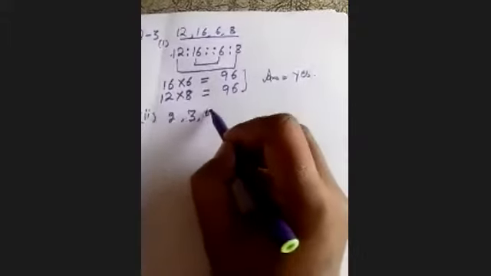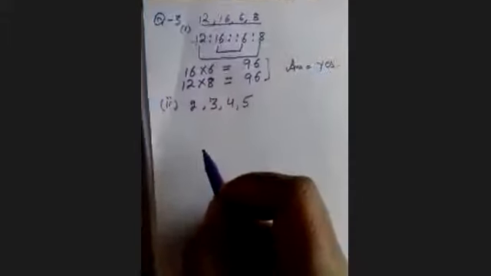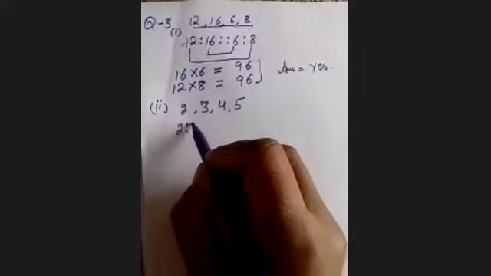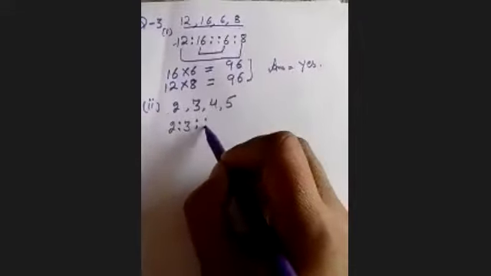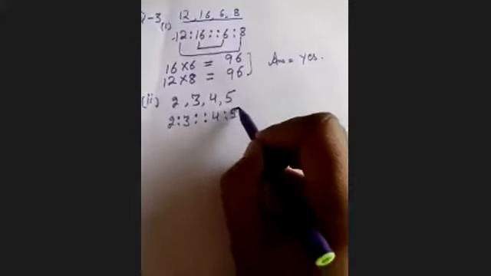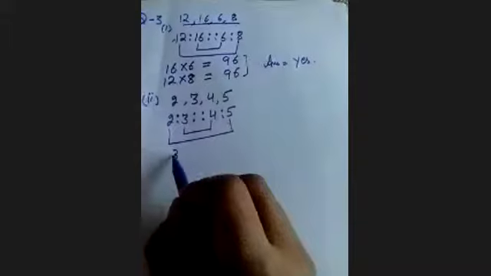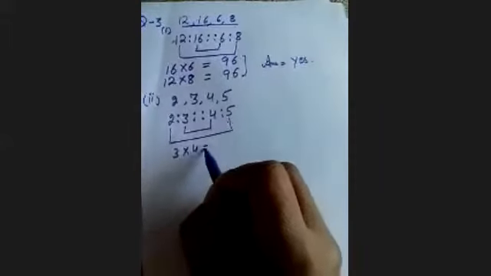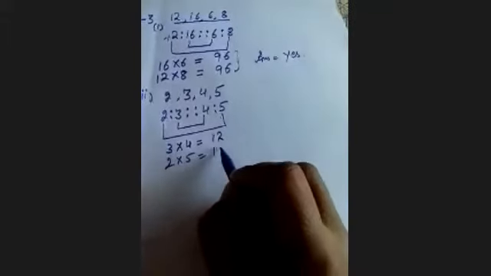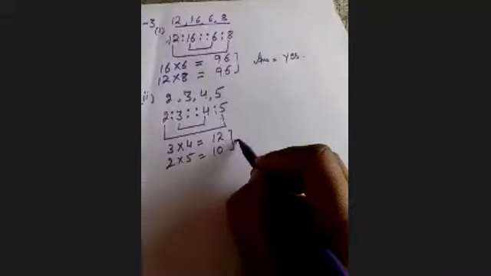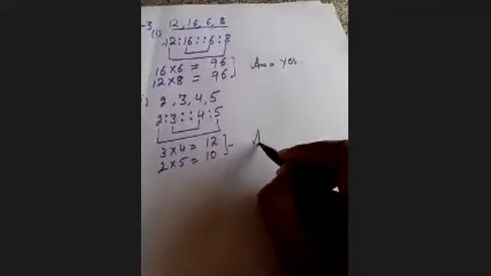First we'll write these numbers in proportion. 2 ratio 3, proportion 4 ratio 5. 3 into 4 is equal to 12 and 2 into 5 is 10. So the product of mean terms and the product of extreme terms is not equal. So your answer is no.